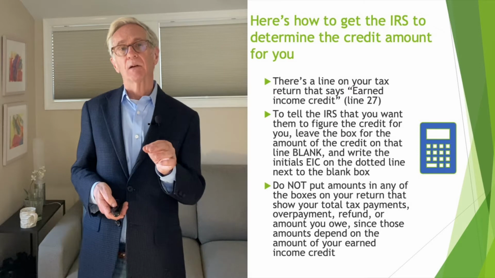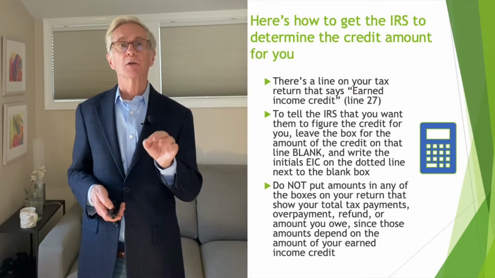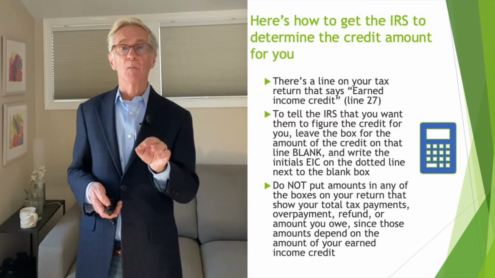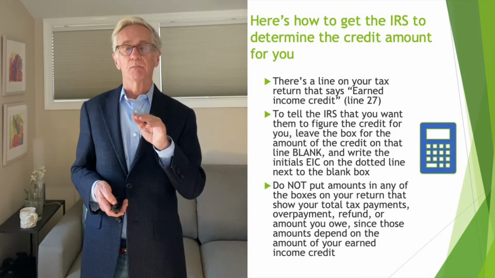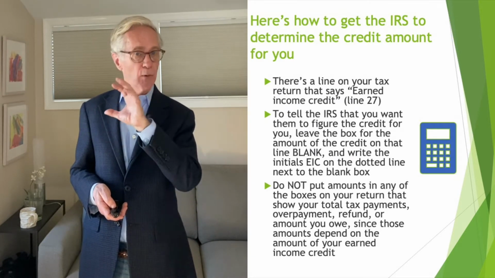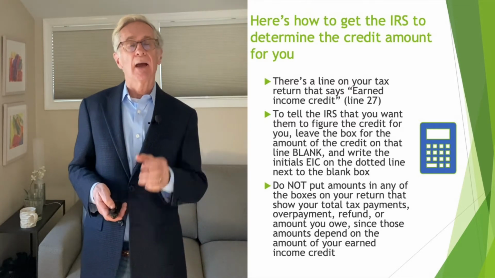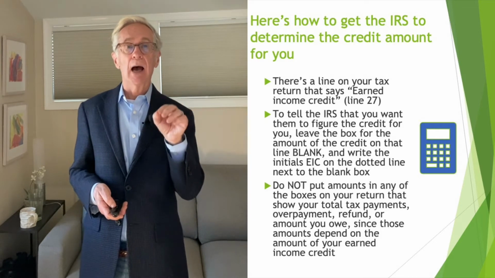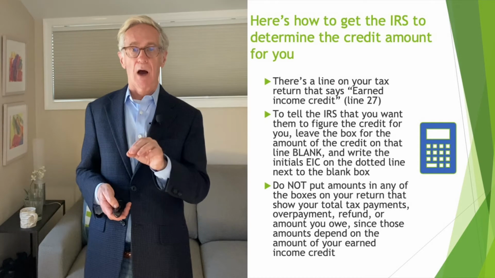There's a line on your tax return, line 27, that says earned income credit. So to tell the IRS that you want them to look up your credit for you, just leave that box blank. Where you're supposed to write in the amount of your earned income credit, leave that blank, and what they want you to do is write the initials EIC on the dotted line next to the blank box.